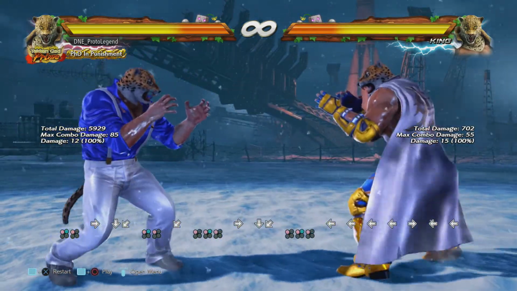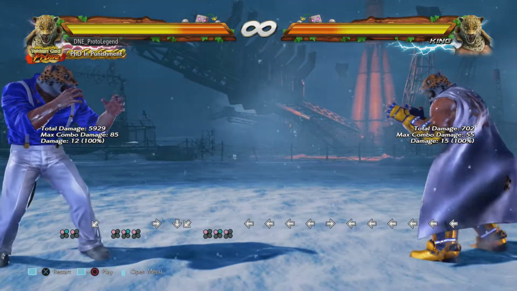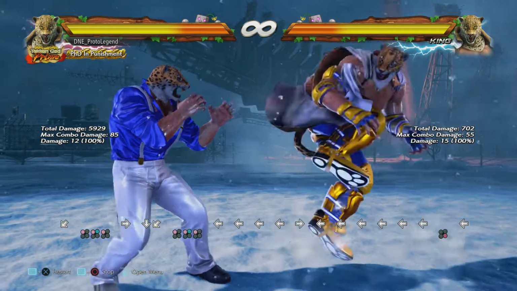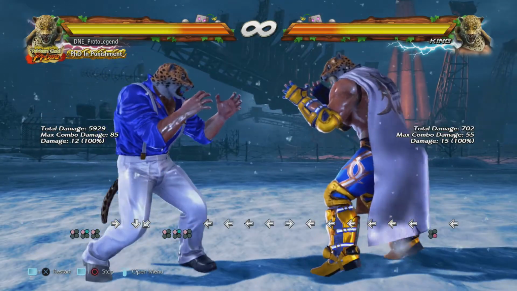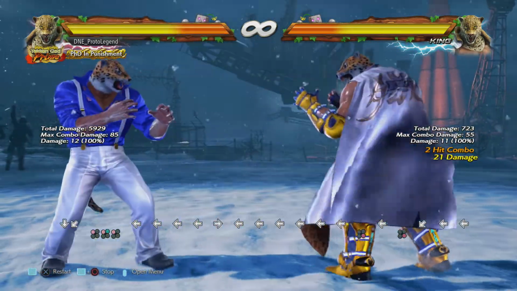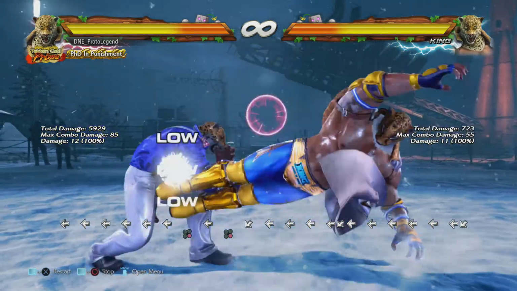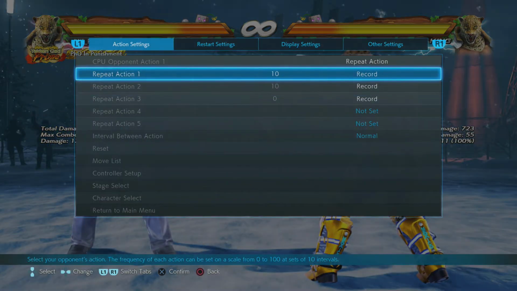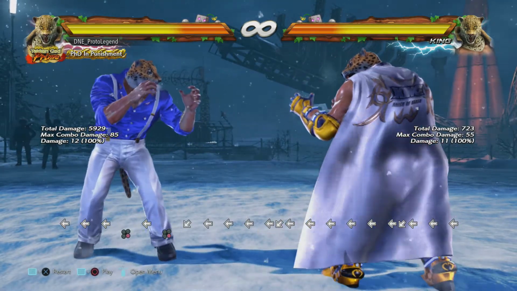The next string actually has 2 different enders, in which we're going to do down forward 4-3-4, which ends in a mid, and then its other variant of down forward 4-3 and then down 4, which is a low. So this creates a mix-up situation, but we can analyze this mix-up and figure out what is a pure strategy that we can do, or whether one exists.